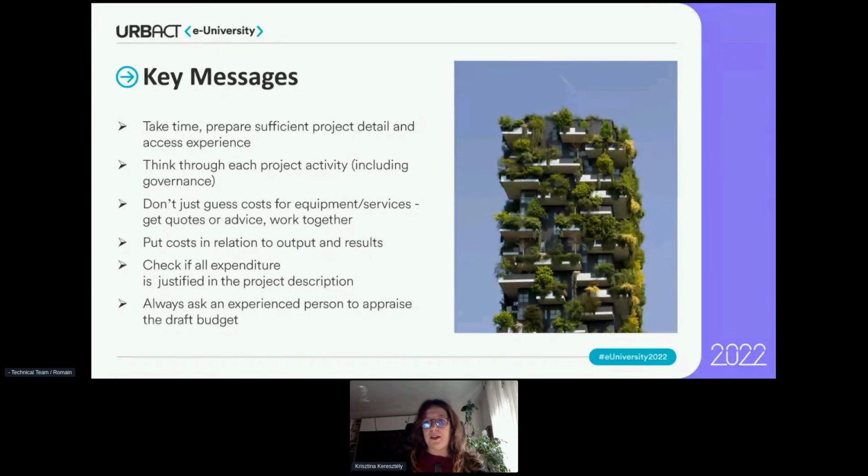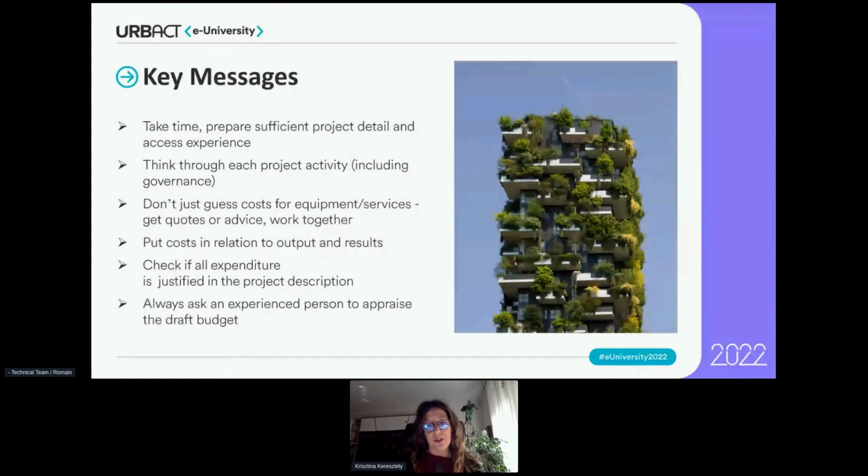So first of all, when you want to cost your project, please take your time, prepare your project in detail, and be sure that you have previous experience in project costing. So you have at least one or two team members who have experience in project costing. Think through each project activity, including governance, so including the project leading and what the project governance looks like.